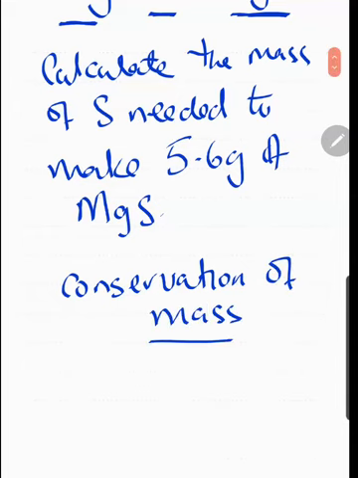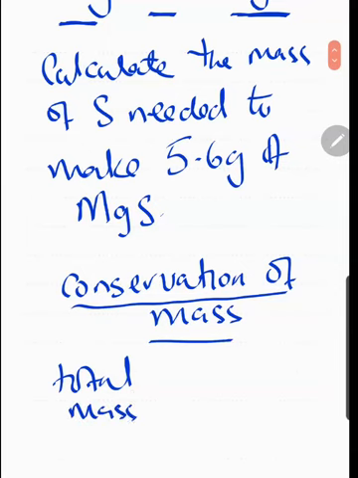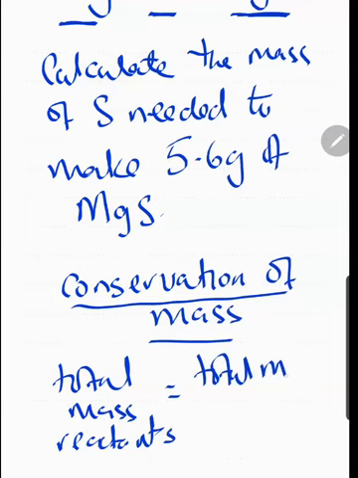Just as you have a law for conservation of energy which says energy in equals energy out, we're going to say total mass of reactants, that's total, not total moles, total mass of reactants equals total mass of products.